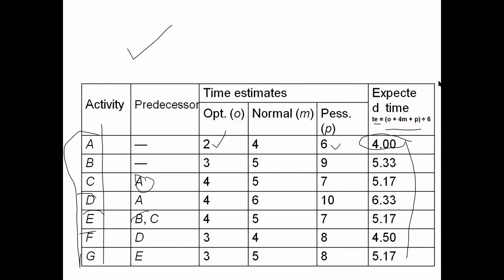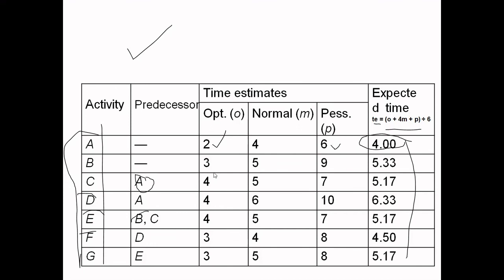Okay, expected time: do your own calculation, don't copy it. Time estimates, you can write your own, but the rule to be followed is, look at this, normal time is greater than optimal time, and pessimistic time is also greater than normal time. Remember that. The values to be followed are: normal time M is greater than O, P is greater than M, and automatically P is greater than O also.